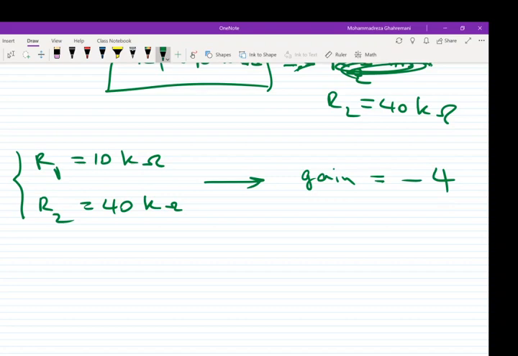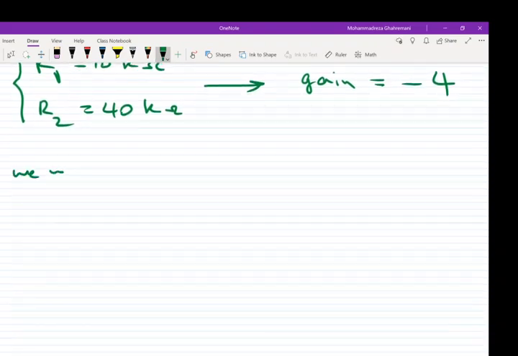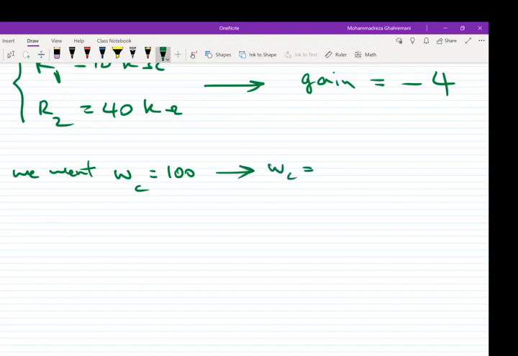What about the cutoff frequency? We want omega c equal to 100, and we know that omega c is equal to 1 over R2 C, which should be equal to 100.